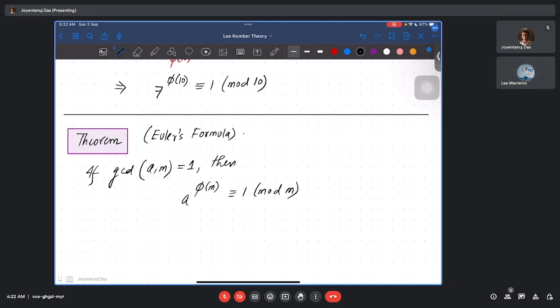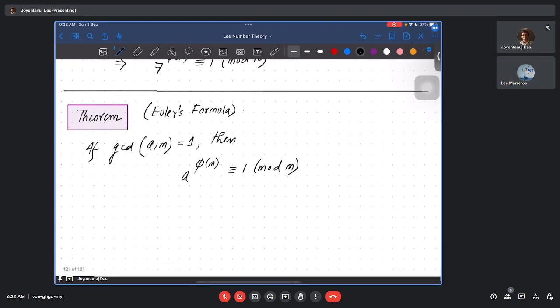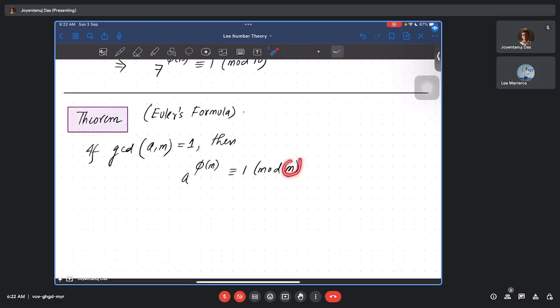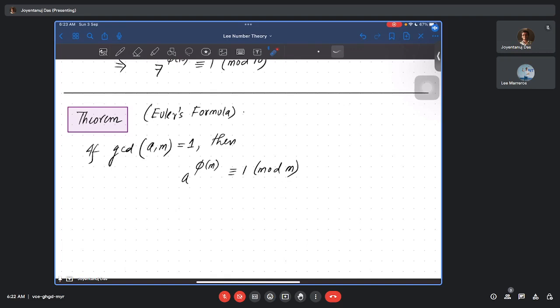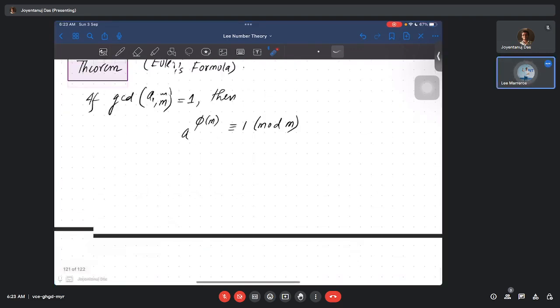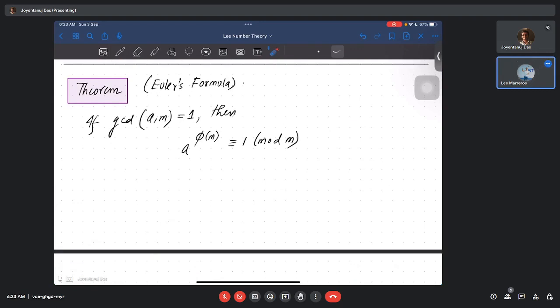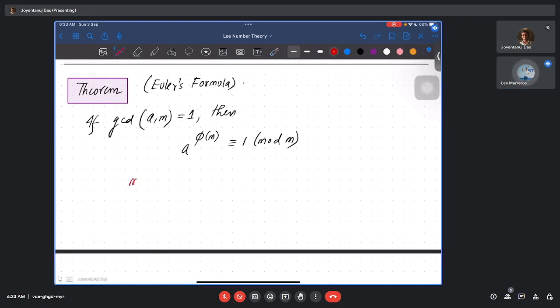Here you can see that this is actually an extension of Fermat's theorem, because if m is prime, suppose m is equal to some prime p, then phi of p, I know, is p minus 1, right? So that matches our Fermat theorem.